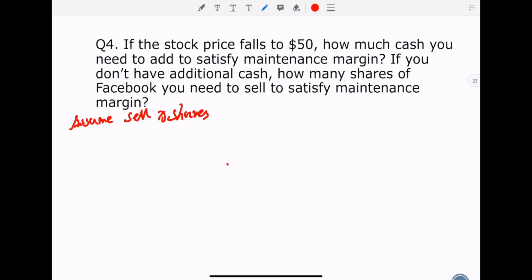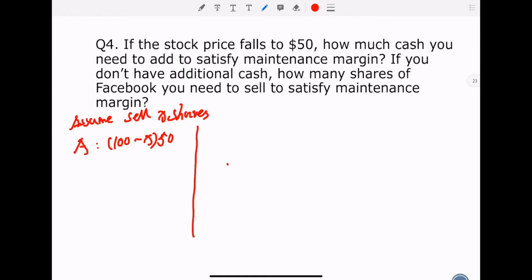Now let's see what is your asset here. Well, originally you have 100 shares, and after selling X, you have 100 minus X shares, each worth 50. So this is basically your asset.